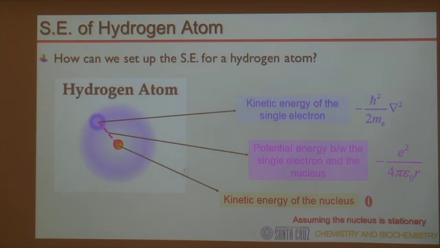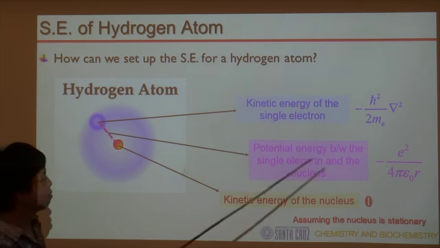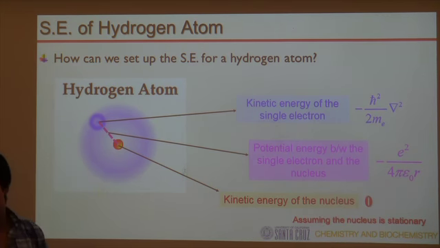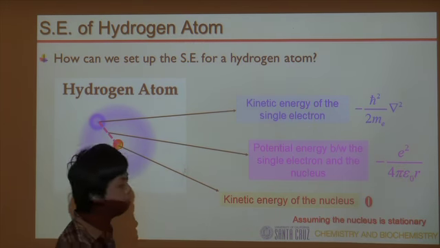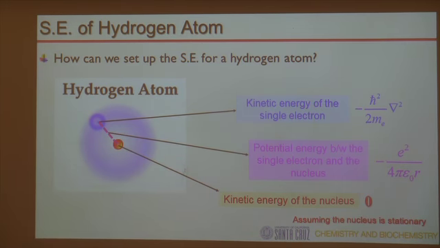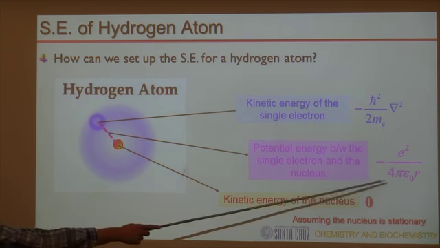The potential energy operator is the potential energy itself, and its value depends on your specific microscopic system. For a hydrogen atom, it is derived from Coulombic attraction, which is negative e squared over 4 pi epsilon 0 r. That's exactly the Coulombic force equation.